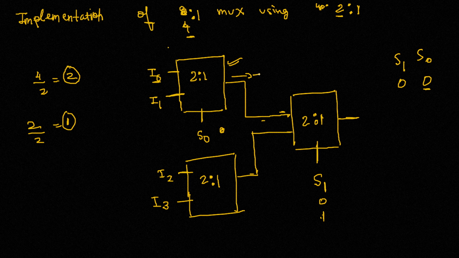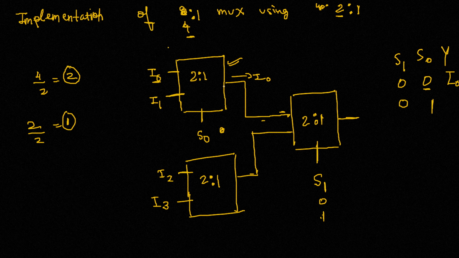So this I0 will be the output of the first multiplexer, and since the third multiplexer only takes in inputs from the first multiplexer, the output comes out to be I0. Similarly, if you have 0 and 1, since S1 is still 0, it takes input from the first multiplexer.